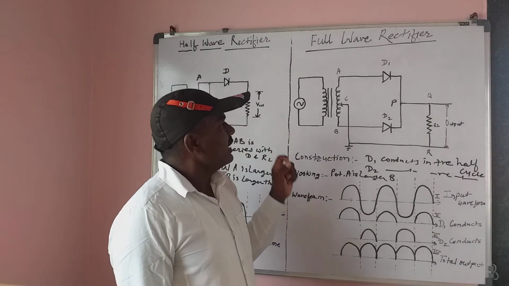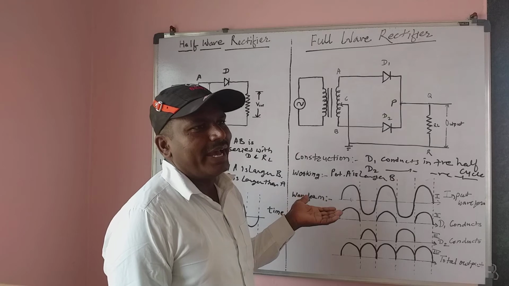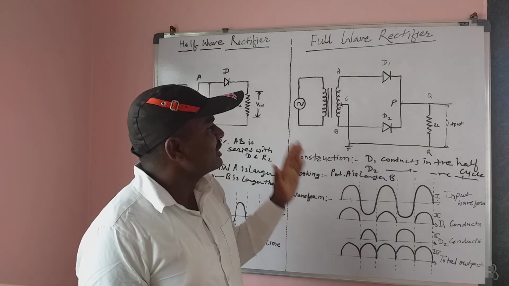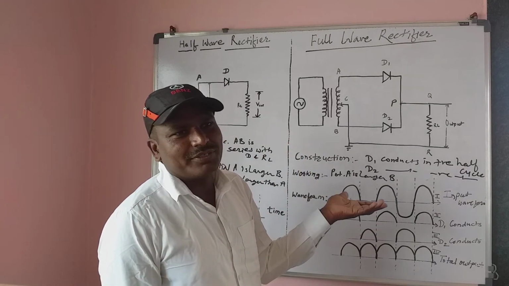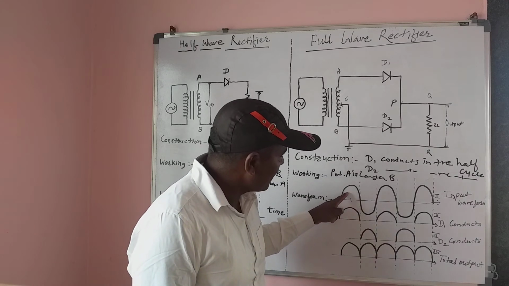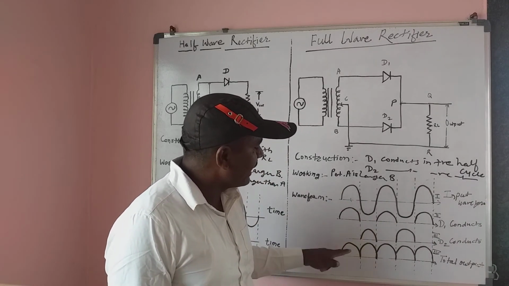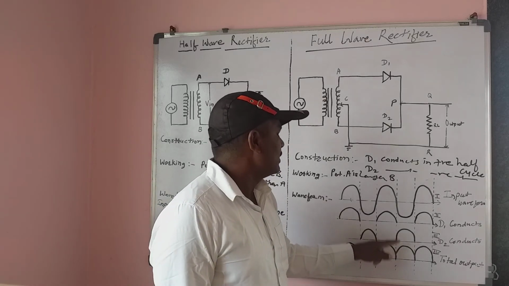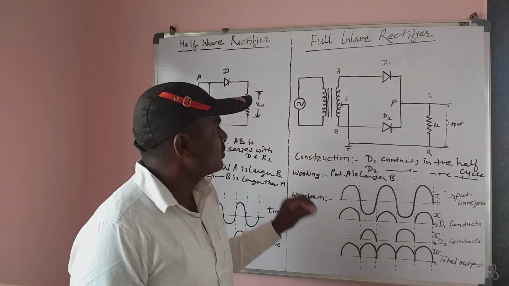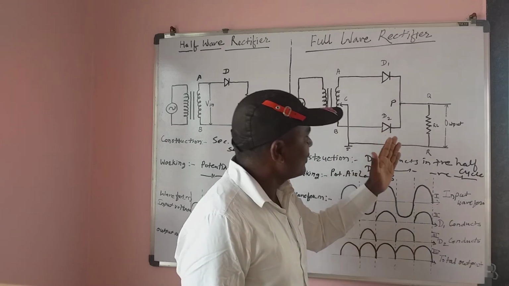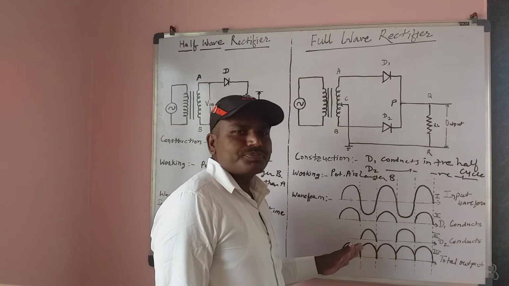When the AC input voltage is given, the direction of current is the same for the positive half cycle and for the negative half cycle, and so we get continuous current through the load resistance in the output.